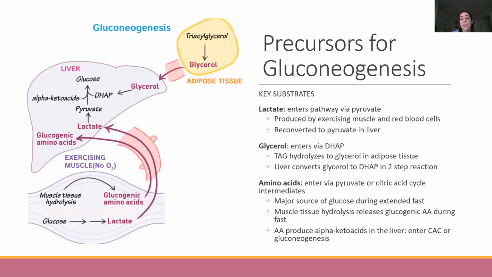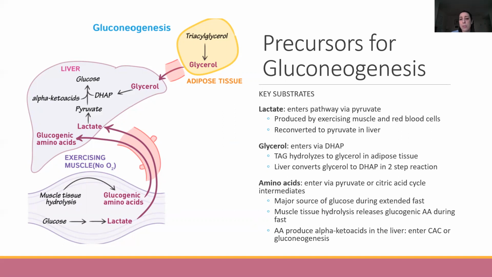These can come from a variety of amino acids from the citric acid cycle. They can be already converted back into pyruvate through other means. And then, of course, that feeds back up into gluconeogenesis.